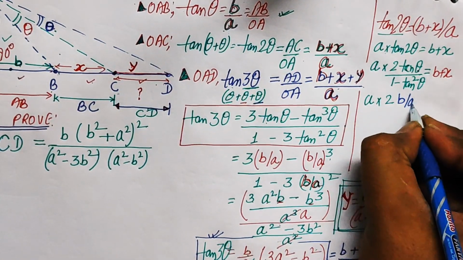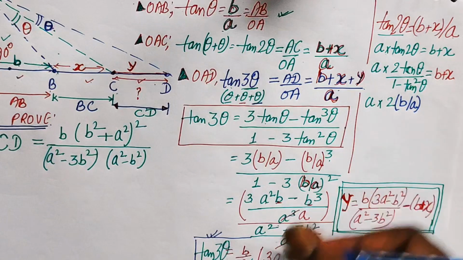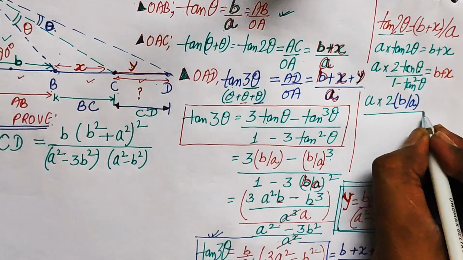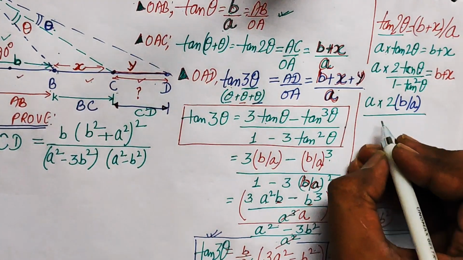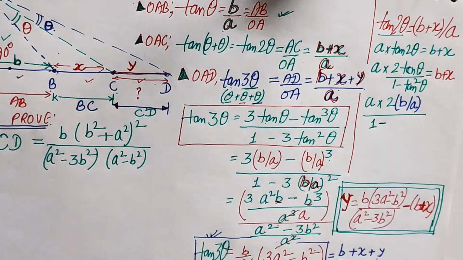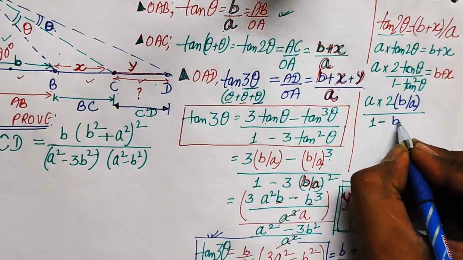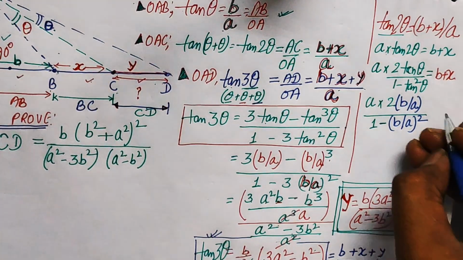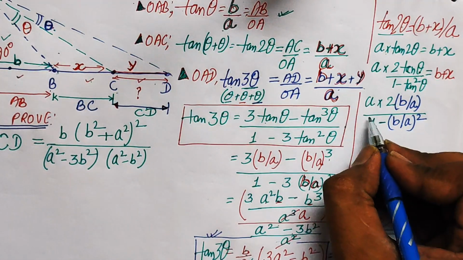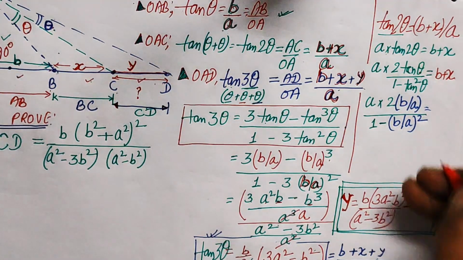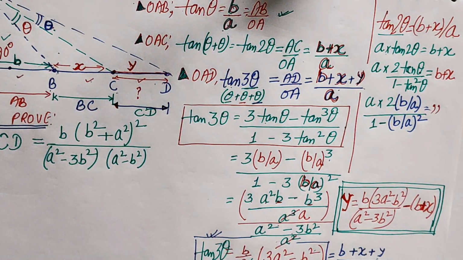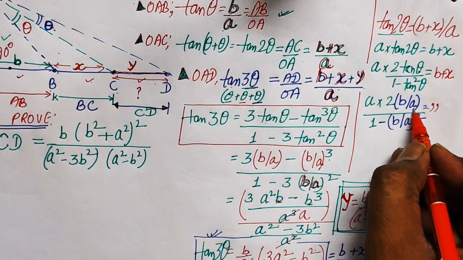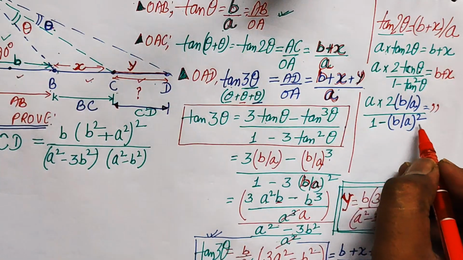2 times b by a divided by 1 minus tan square theta. So this will be equal to 1 minus (b by a) whole square, right? This will be the value of b plus x only. So this is coming as usual into the RHS, right? So this will give you, here you can see, this a and this a will be cancelled, right?